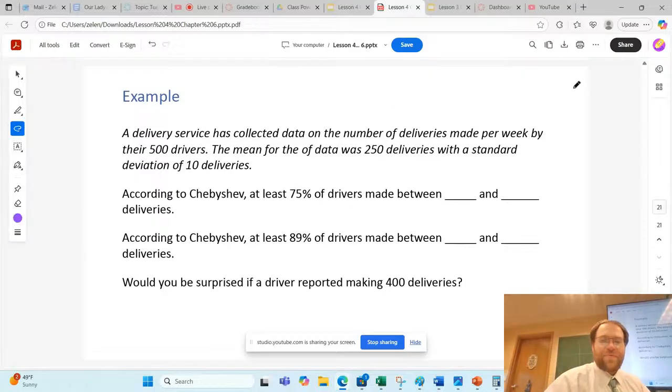So we know 75% of drivers must fall within how many standard deviations of the mean, according to his theorem? 2, right?